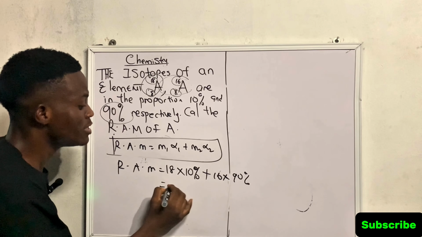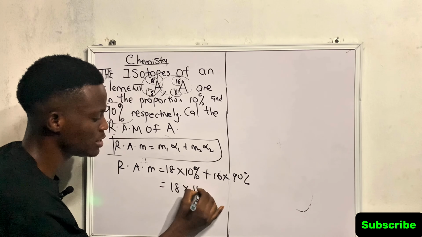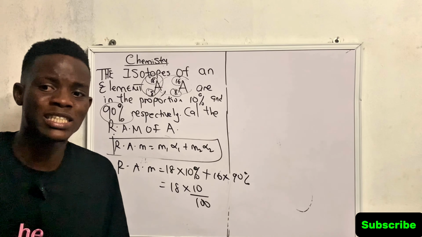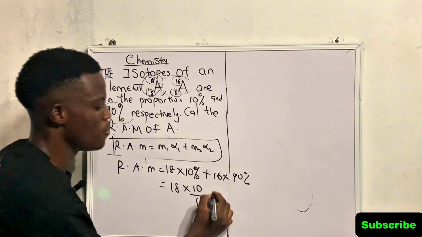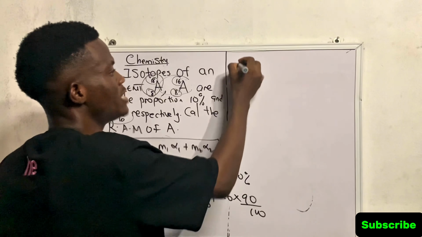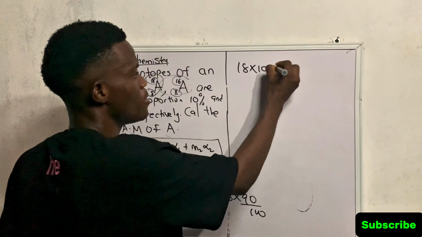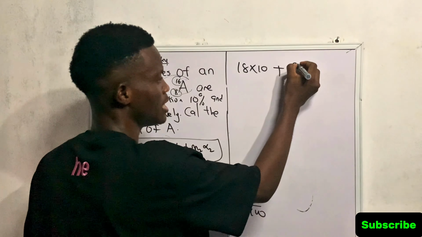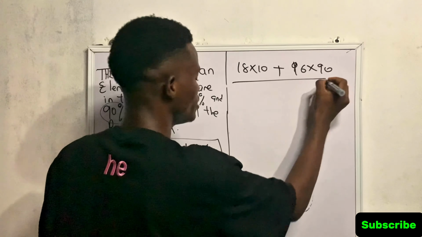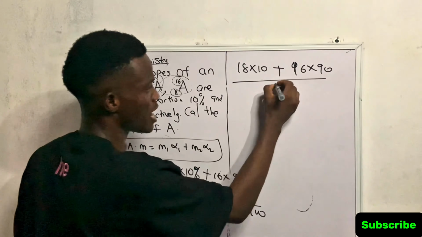So that's 18 times 10 over 100, because anything that is a percentage is over 100, plus 16 times 90 over 100. So that's 18 times 10 plus 16 times 90, and the LCM is 100.